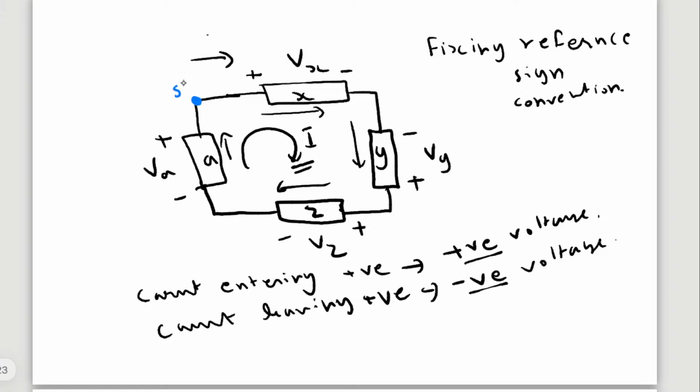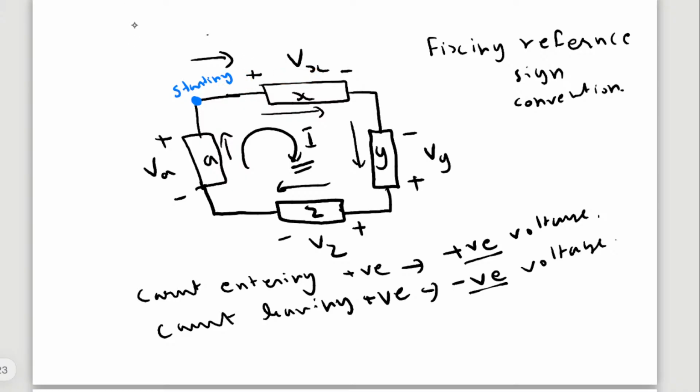Let's say this is a starting point. Then going through this loop in this direction all the way back to this point. So from the starting point, I am entering here, entering in the positive. What is the voltage? Vx.